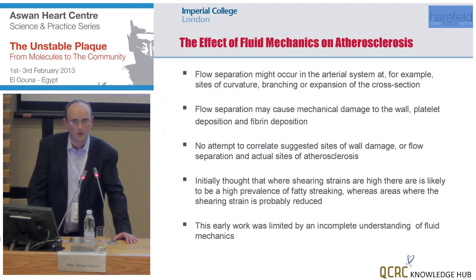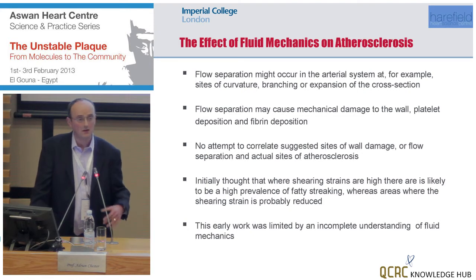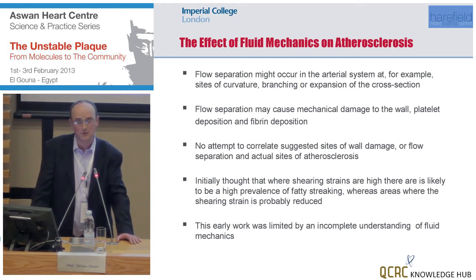The early thoughts, going back to the early 1960s, related to theories that flow separation may occur within the arterial system at branching points, and that this can cause mechanical damage to the vessel wall, causing platelet deposition and fibrin deposition.